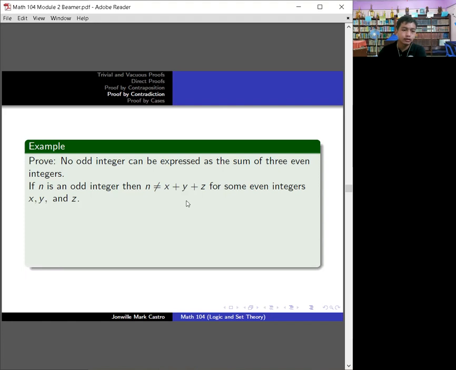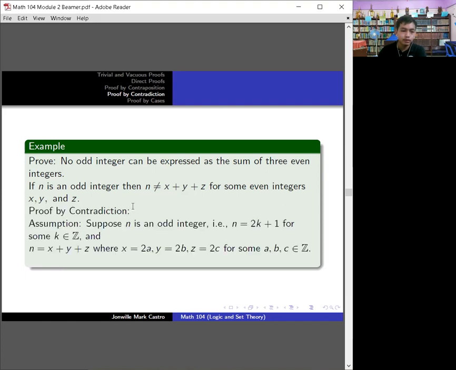So proof by contradiction, i-assume natin na yung if statement and yung negation ng conclusion natin. So assumption, suppose n is an odd integer, which is yung if statement natin.